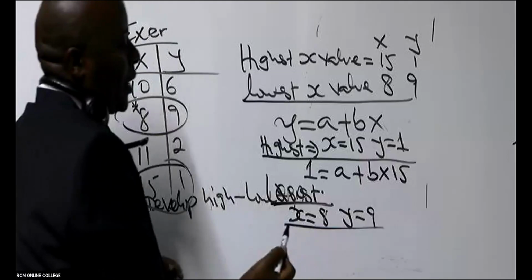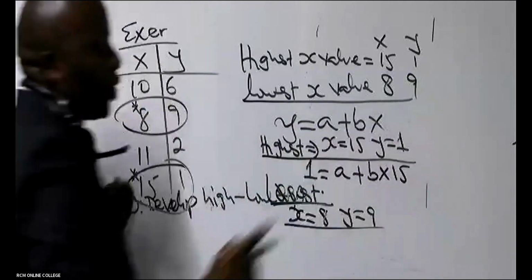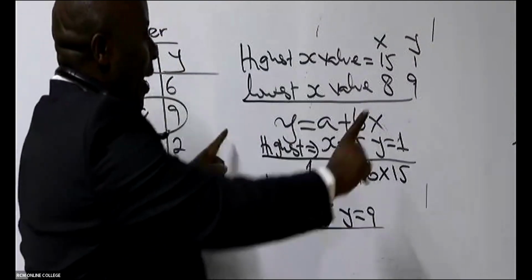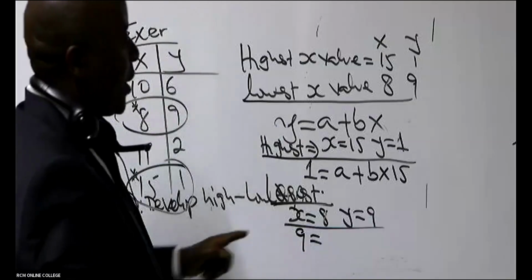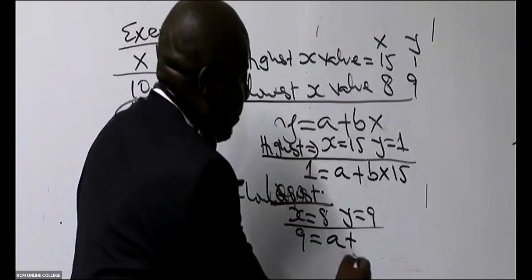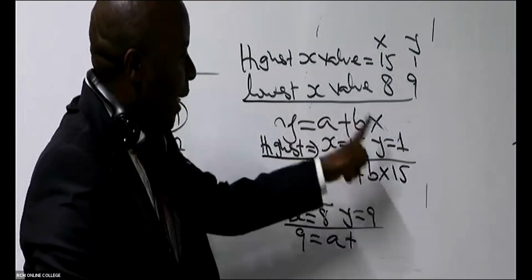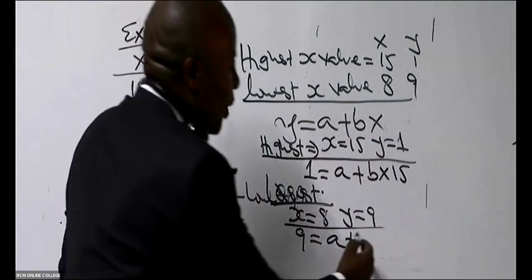So please give me an equation. I'm substituting for this in the y equation. So y in this case is 9 equals a plus bx, so b times 8. You're right, 8b.